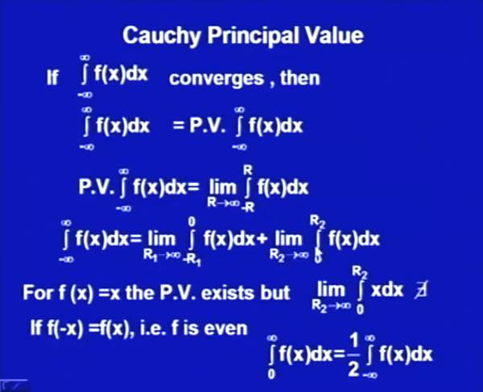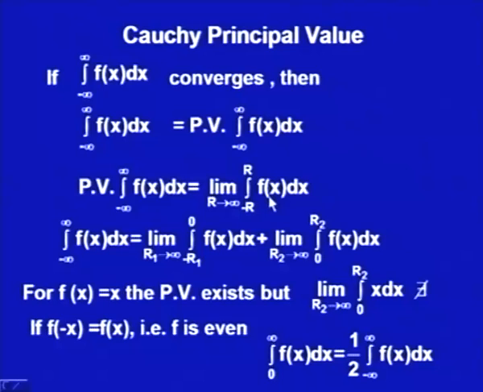So, if this limit is existing, this limit would also exist. That says only, and from here what we are getting is Cauchy principal value exists. If this is even and Cauchy principal value exists, Cauchy principal value is limit r approaching to infinity, minus r to r f(x) dx.